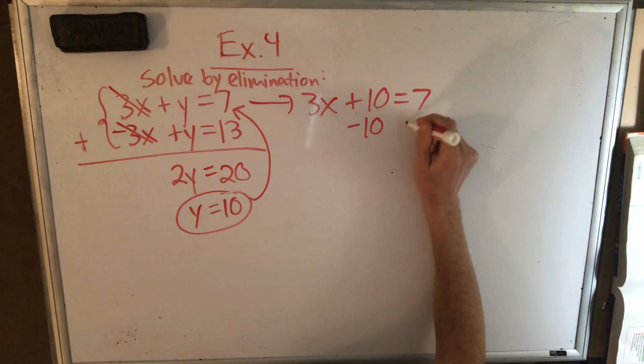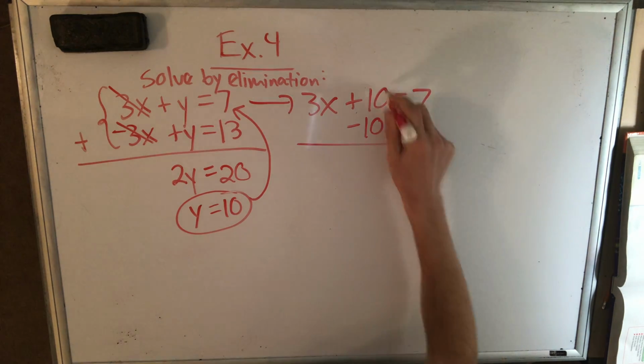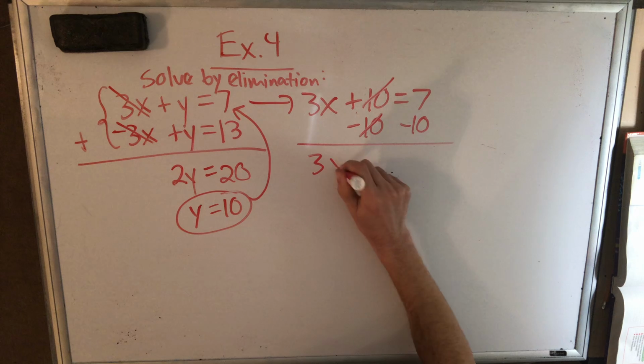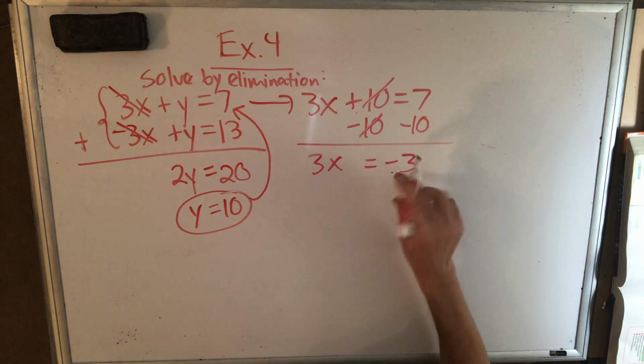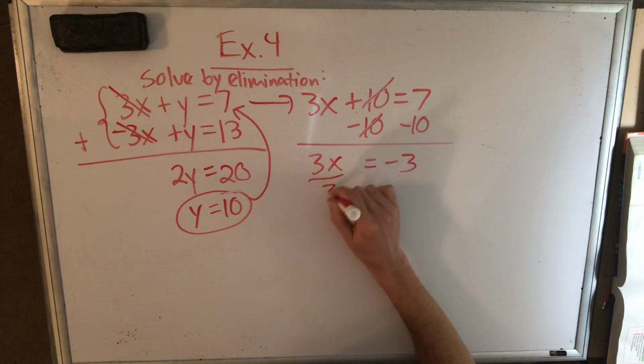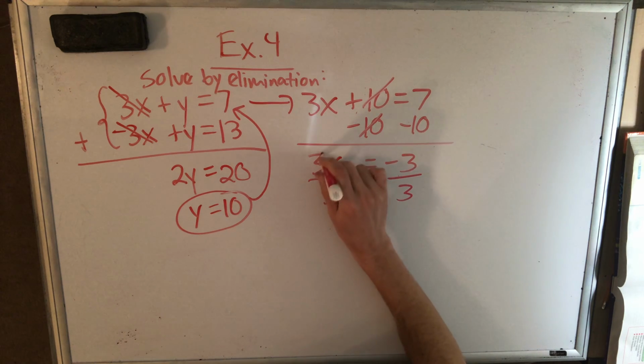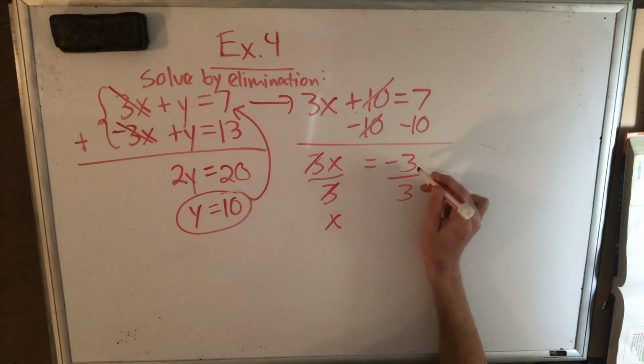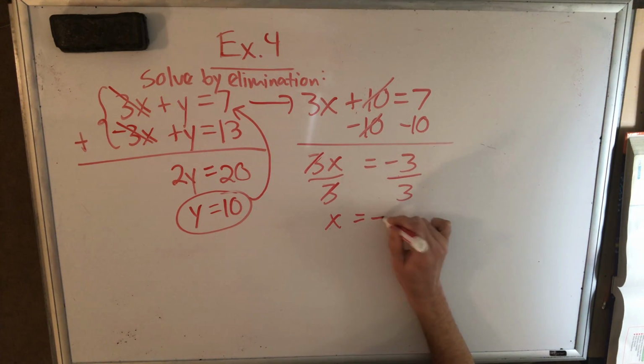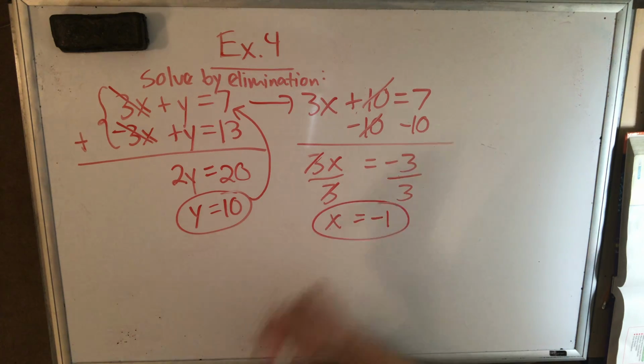Subtract 10 from each side to get 3x equals negative 3. Divide each side by 3. The 3's cancel out. Negative 3 divided by 3 is negative 1. So y equals 10 and x equals negative 1 is the solution.